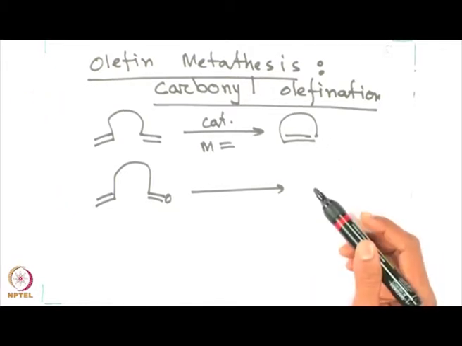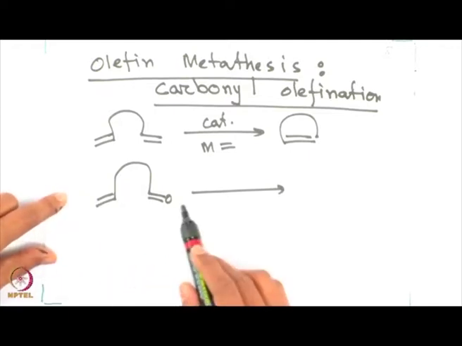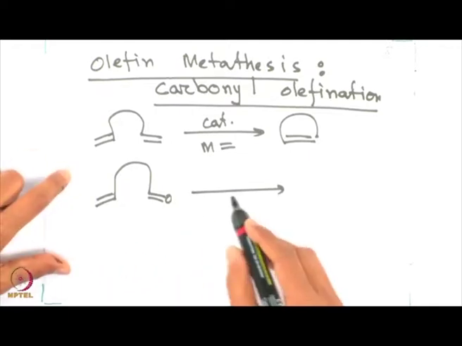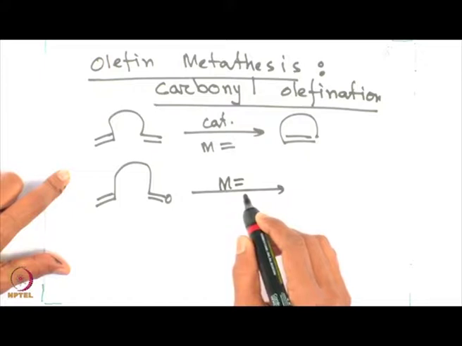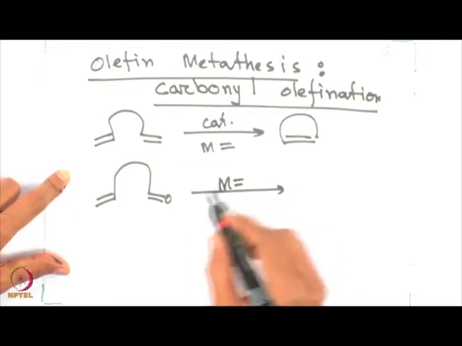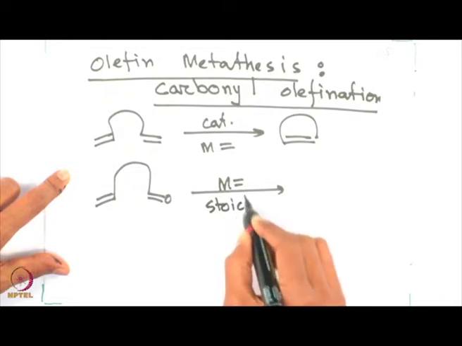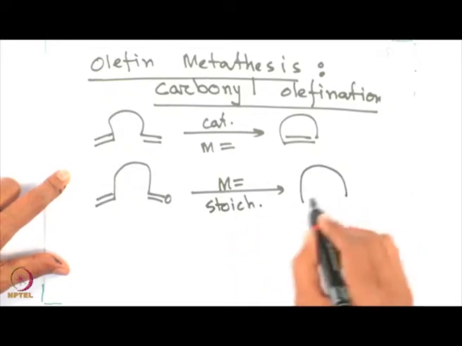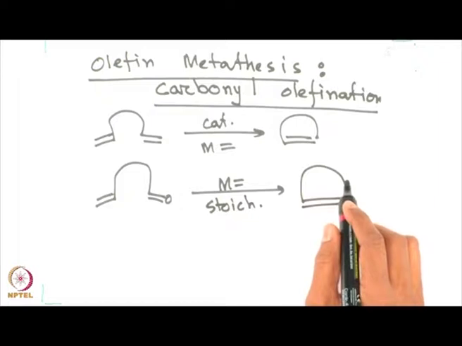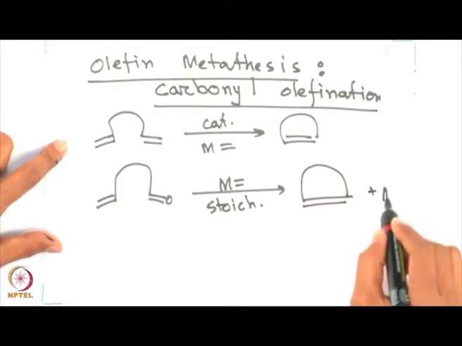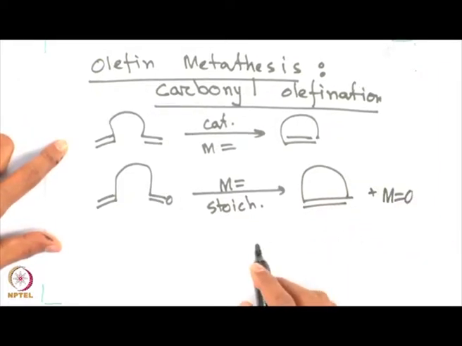Now, what we have over here is a terminal olefin and a ketone, and in these cases once again a metal carbene, but it has to be a stoichiometric version in this case, can give you the same product without much problem. Of course, you are going to get a metal oxide in the process.